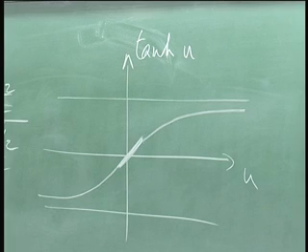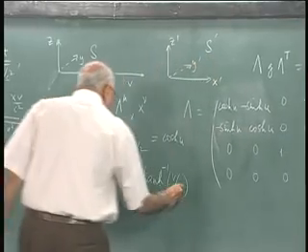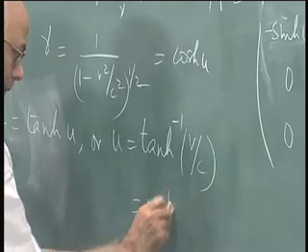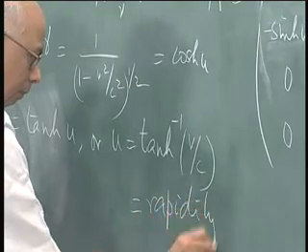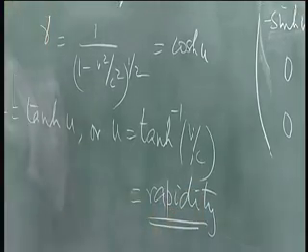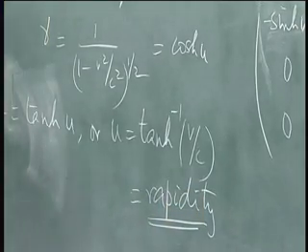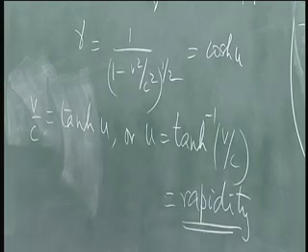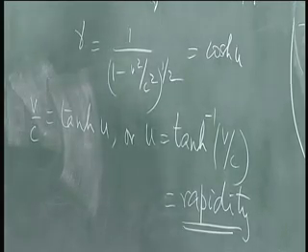This quantity here, u equal to tanh(v/c), is the rapidity, and the relativistic law of addition of velocities, for velocities in the same direction, says that the rapidities add up, not the velocities, but these quantities.